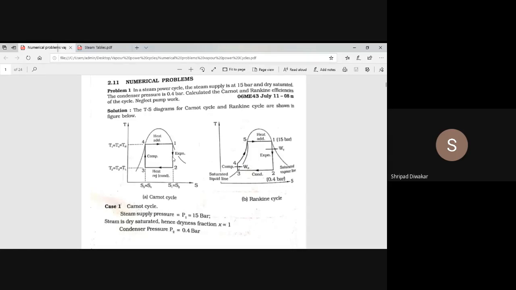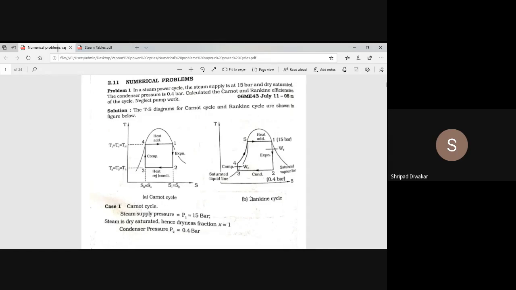You remember, heat addition and heat rejection take place at a constant temperature in case of Carnot cycle as well as in case of Rankine cycle.